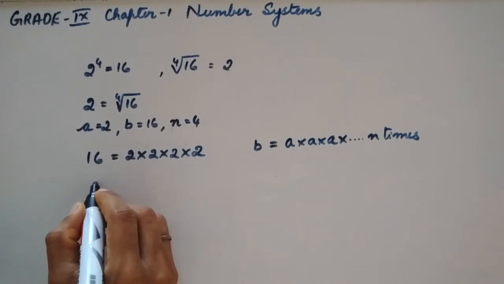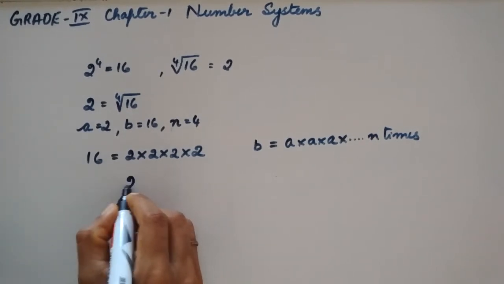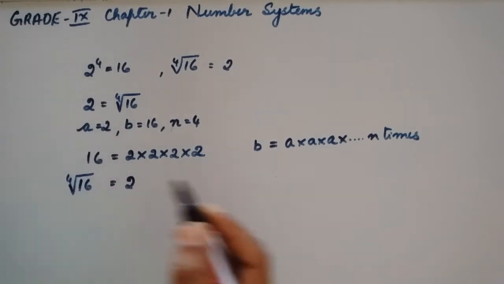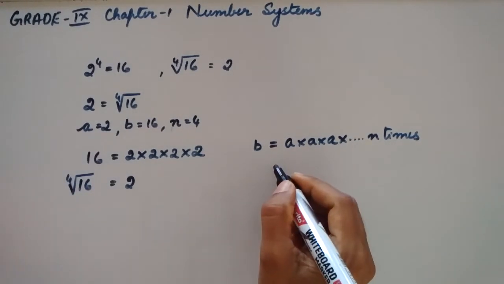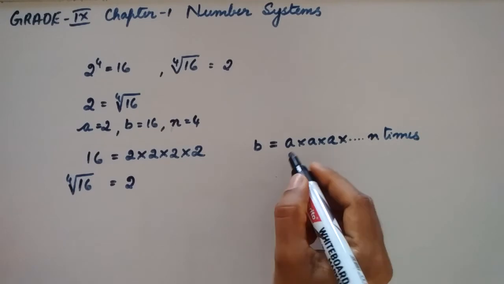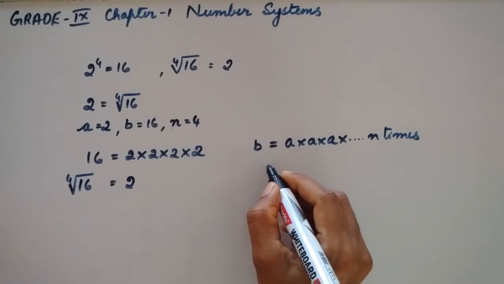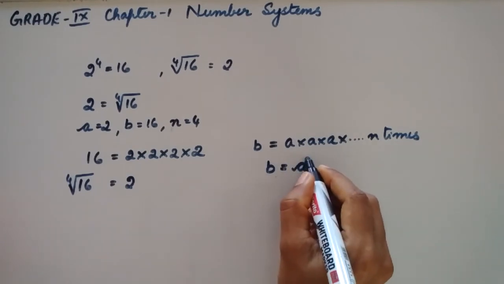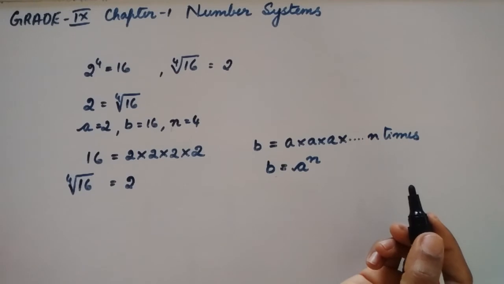So this can be written as B is equal to A to the power n, isn't it?